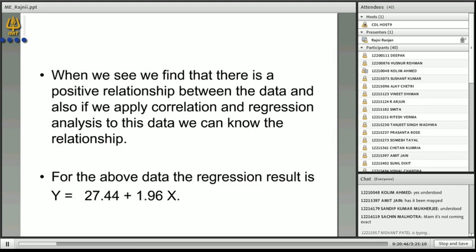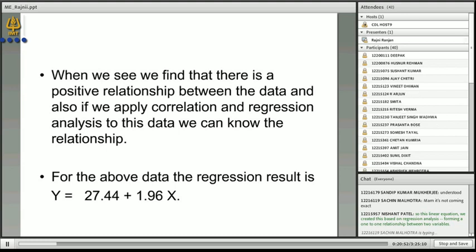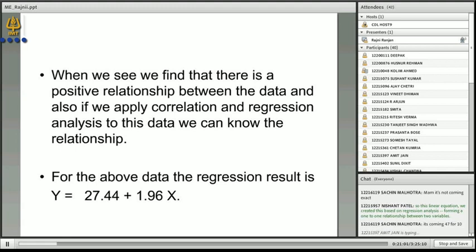Yes, Sachin, it will not be exact. See, there will be slight deviation, that is the mathematical portion. Yes, Nishant, absolutely correct. Is it understood?